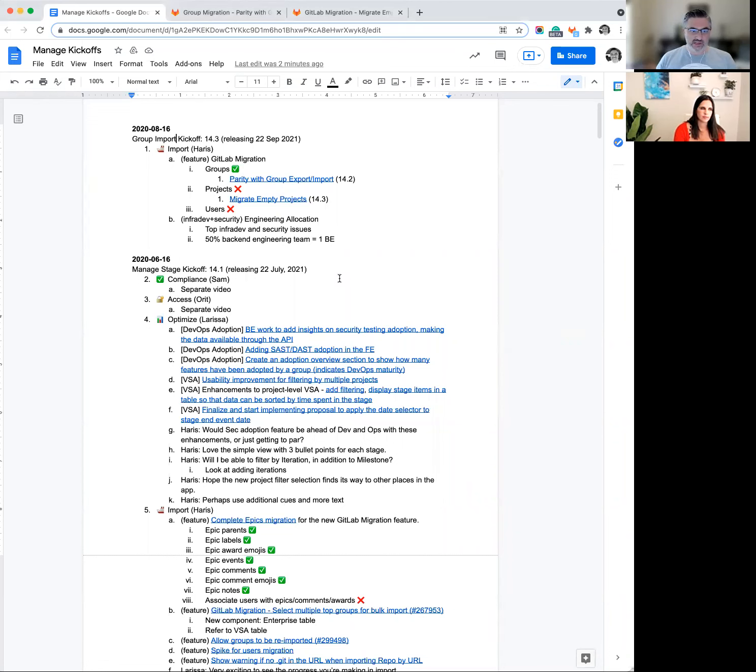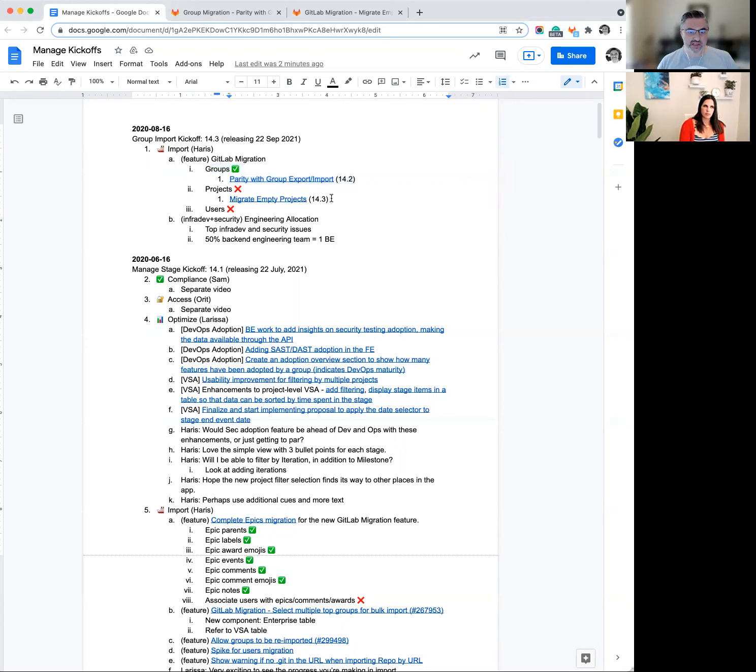So for 14.3, group import has a pretty focused objective, and that is delivering the project migration. And here we're talking just about migrating empty projects. With the delivery of the groups migration, which was done in 14.2, we are now able to start focusing on delivering the projects as part of groups migration.